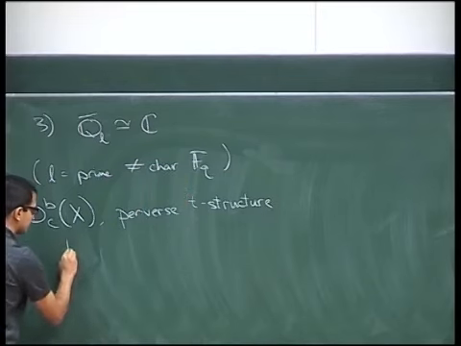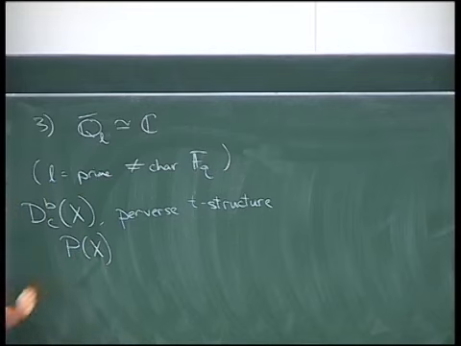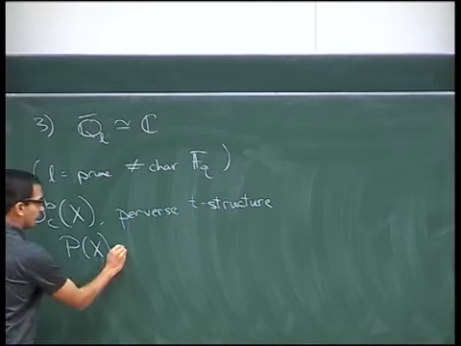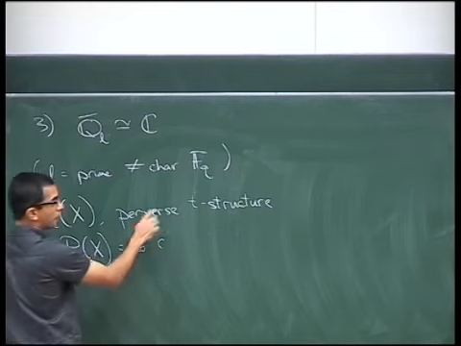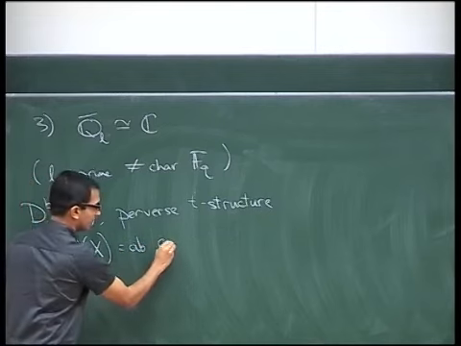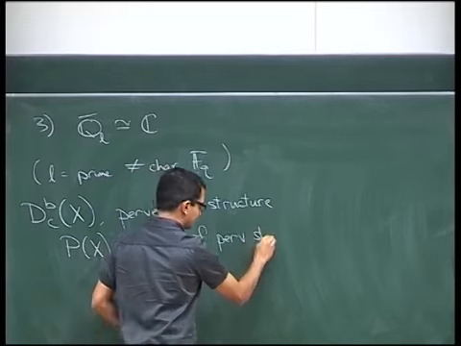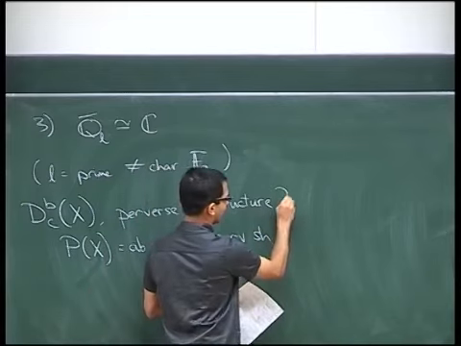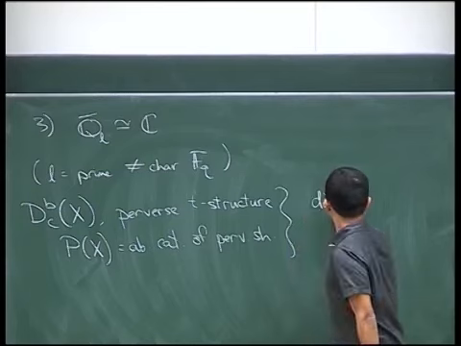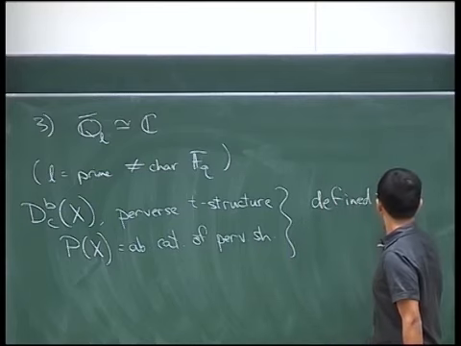I can't remember if I explicitly wrote down this notation before, but I'm going to write P of X for the abelian category, the heart of the perverse t-structure. So that's the abelian category of perverse sheaves. So these are all defined as before.